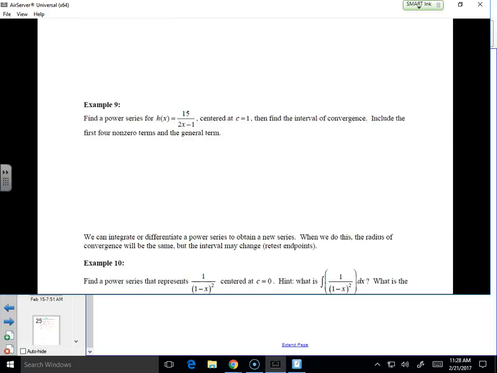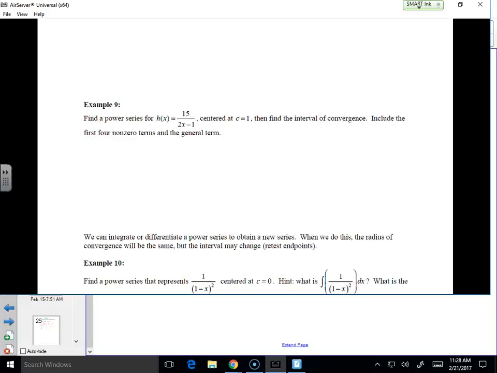Ooh, this one gets exciting. 15 over 2x minus 1, centered at x equals 1. Can we pull 15 out to make our lives somewhat easier? And just leave it in parentheses on the outside. We'll just think of it as a sub 1.